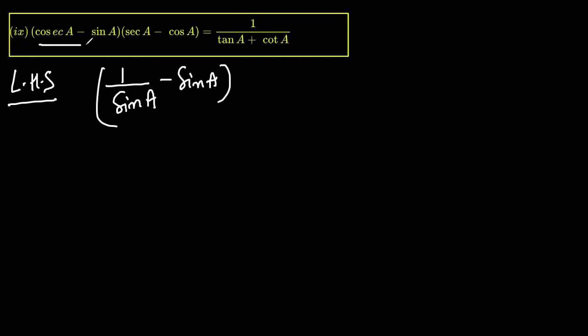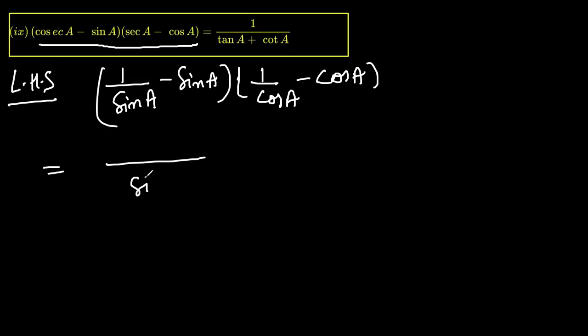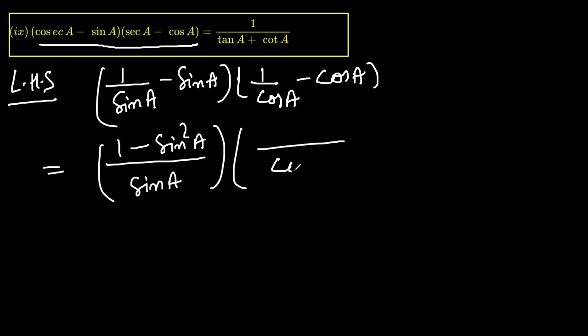We're starting from the left hand side, so we should first write this part, then this is the second step, multiplied by sec, which is 1 over cos, the reciprocal of cos, and minus cos A. So this is going to be sin A as it is, and 1 minus sin square A, taking LCM, and this multiplied by cos A, and this is 1 minus cos square A. Now, what is 1 minus sin square A?